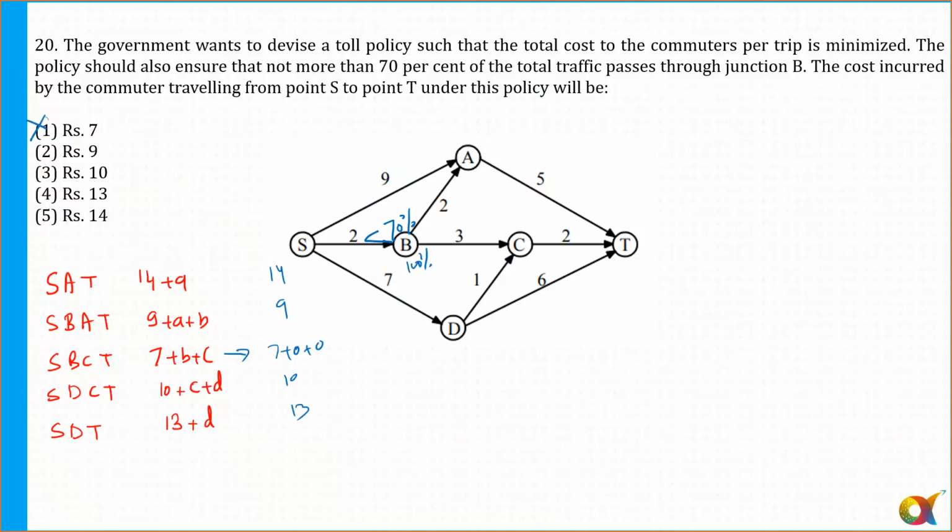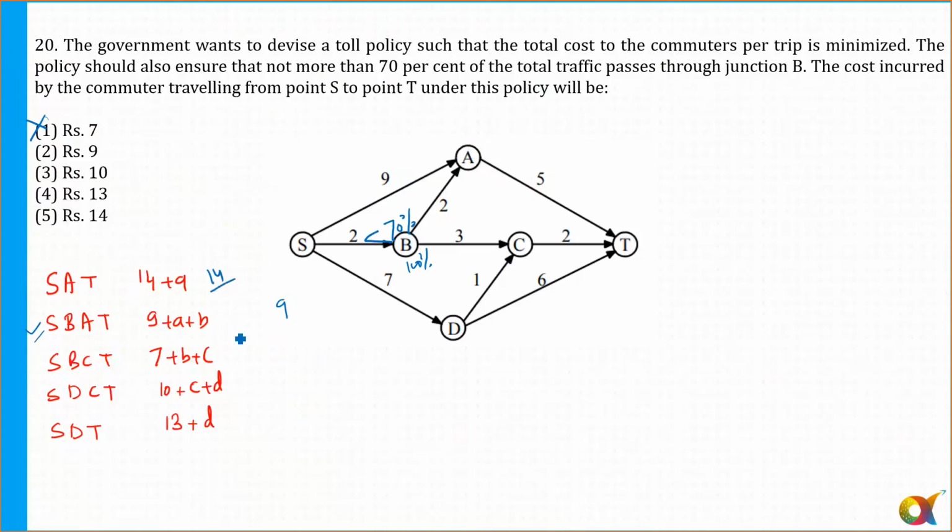Okay. Now option B, it is equal to 9. If the cost is rupees 9, then SBAT, that is possible. Yes or no? So if SBAT is possible at 9, then in the rest of the cases, for SAT the minimum cost is going to be 14.